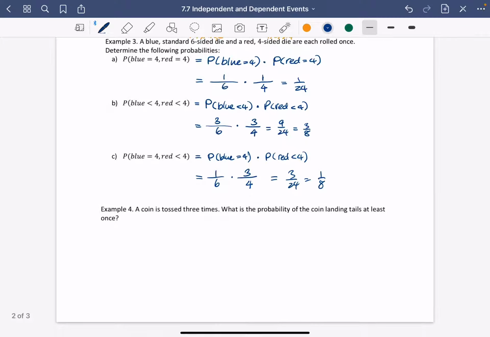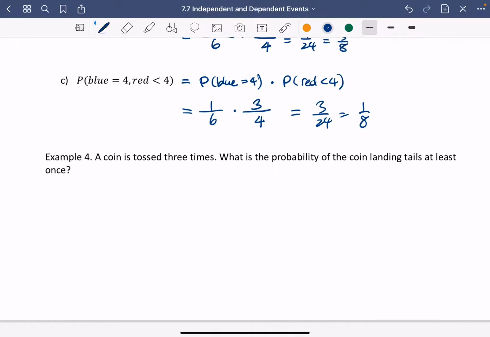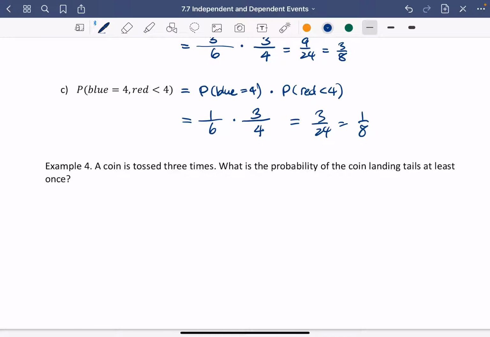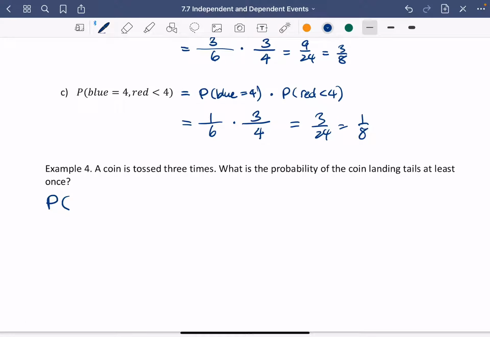Okay. All right, next example. A coin is tossed 3 times. What is the probability of the coin landing tails at least once? So we want to find the probability of at least one tail.